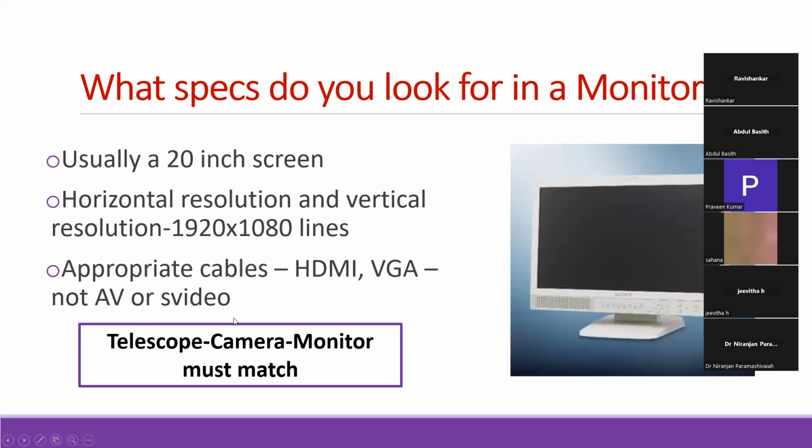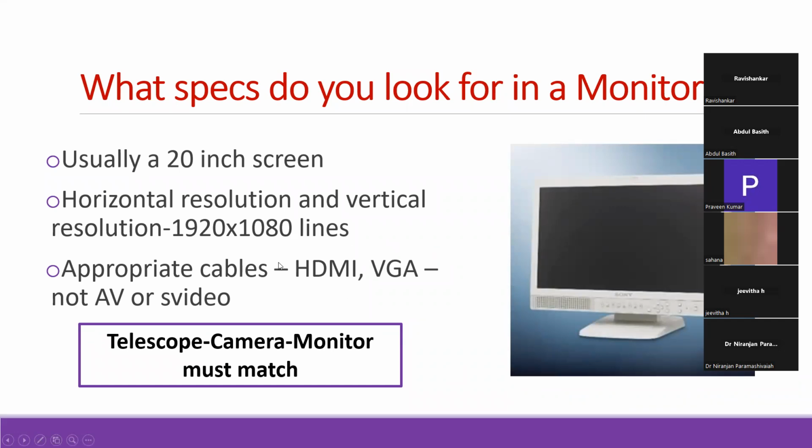But if they give you an S video or an AV cable with it, or an input in a monitor, even if they say that the resolution is 1920 by 1080, it won't work. So you must have a telescope, which is an HD telescope. The clarity of your rod lens system must specify it's an HD telescope. You must have an HD camera, and you must have a monitor that is capable of showing an HD image with the appropriate cables, HDMI or VGA.